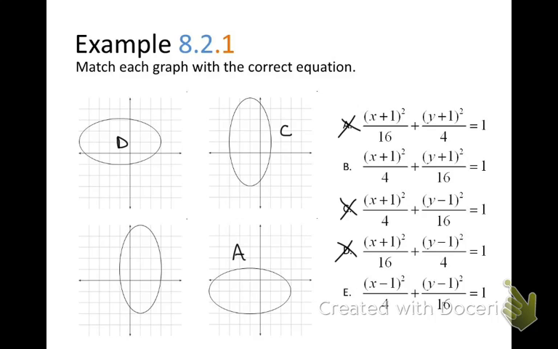It's E because I want my center to be at +1, +1, which means I need -1, -1, right? So this one is E, and we're done. So that should help you get an idea of what you're looking for in your graphs, generally speaking. We didn't really look at A and B values yet, but that at least gives you the idea with the horizontal and vertical.